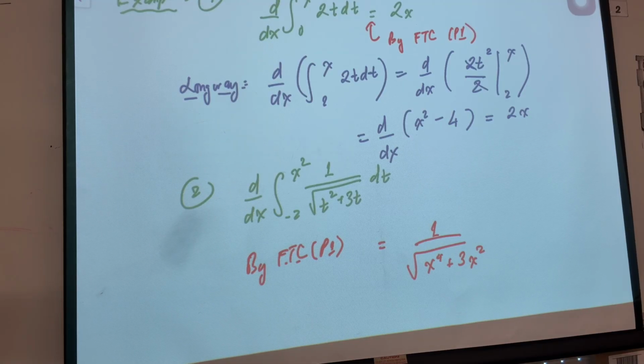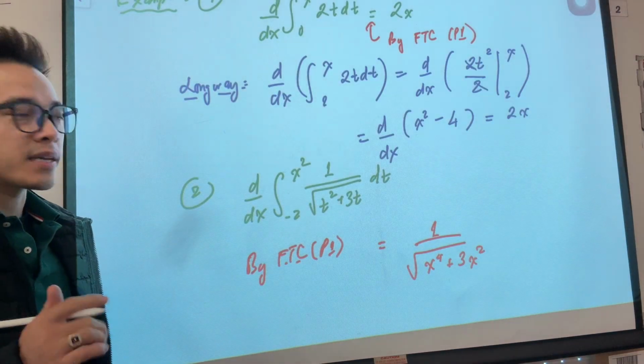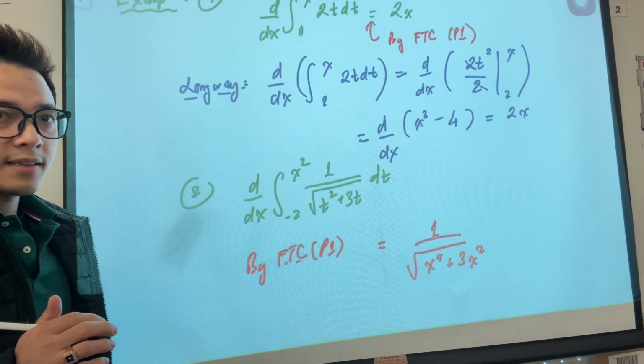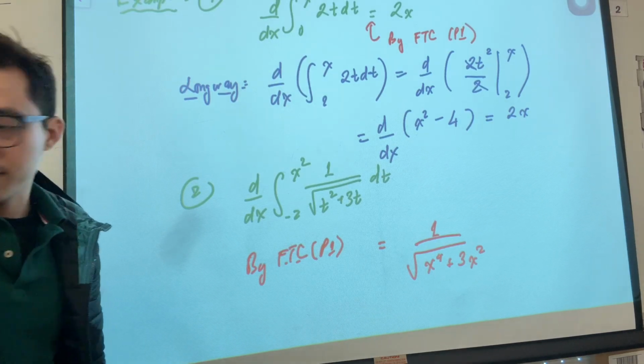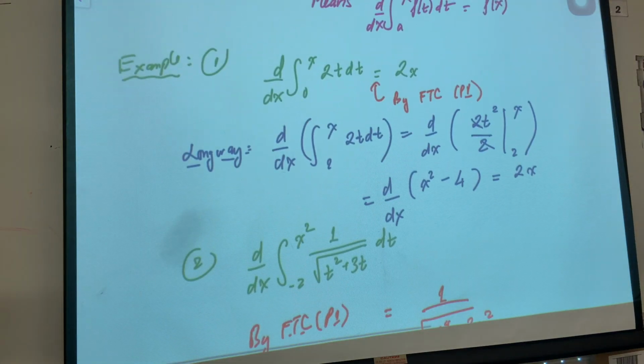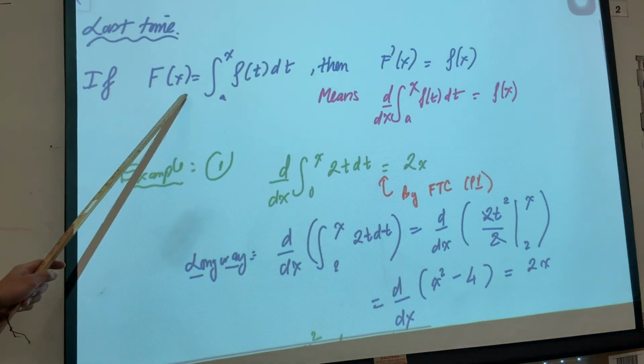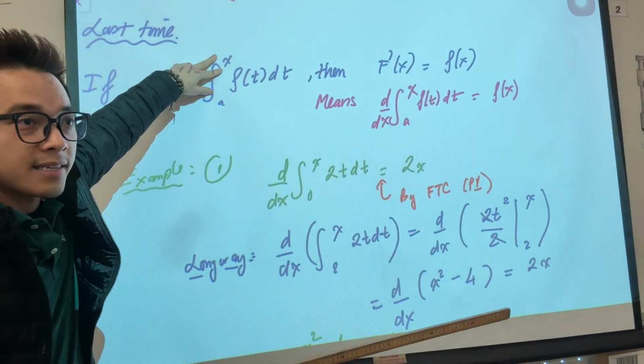Is it finished though? There's something we didn't take care of, something we're still missing. What is that? The square root? The chain rule. Very good. Why chain rule? Remember, FTC only talks about the x.